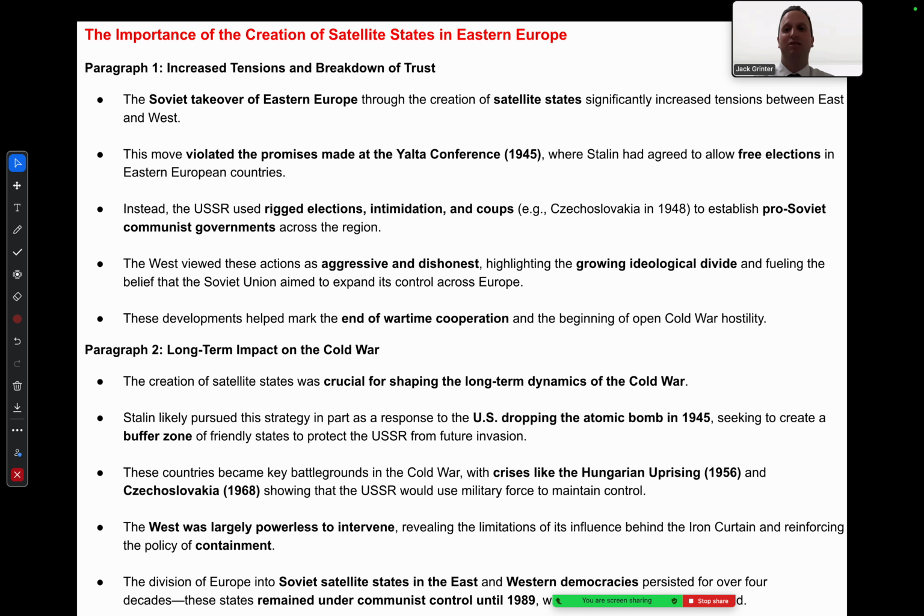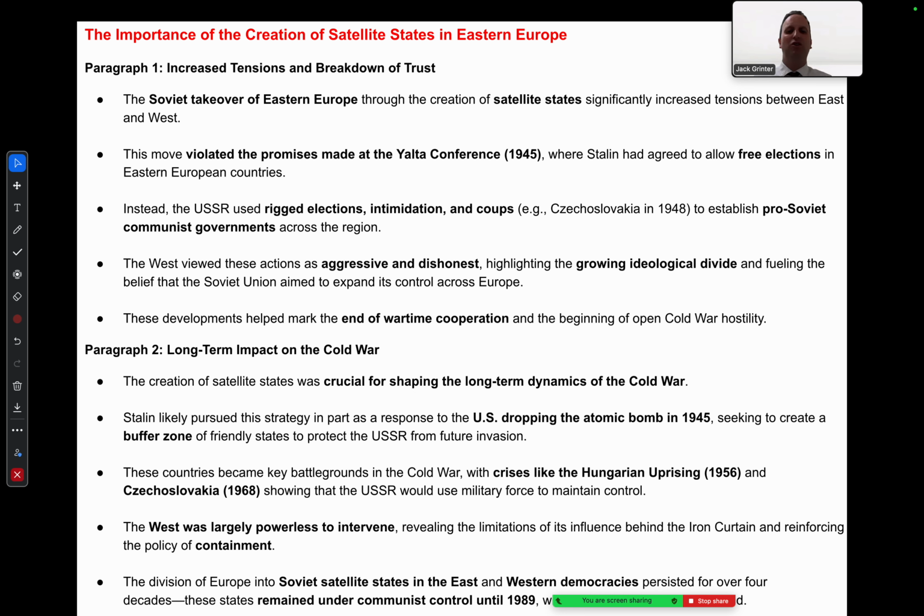That wasn't allowed. The West saw it as an example of expansionism. It showed the divide between them. As I said before, it says at the bottom there, it helped mark the end of wartime cooperation and the beginning of Cold War hostility.